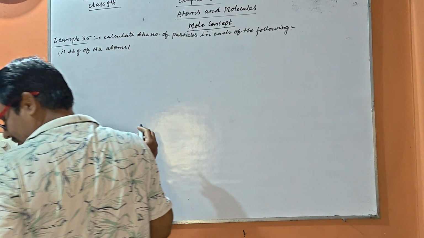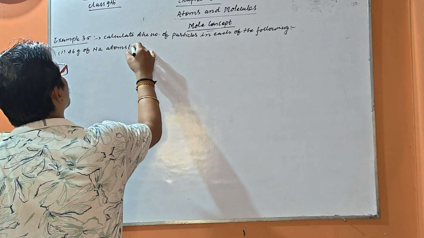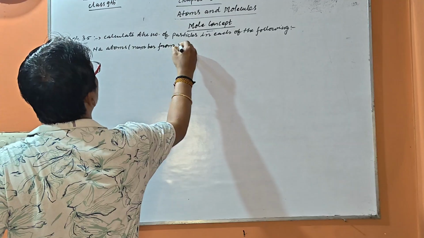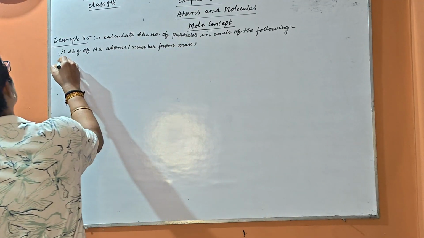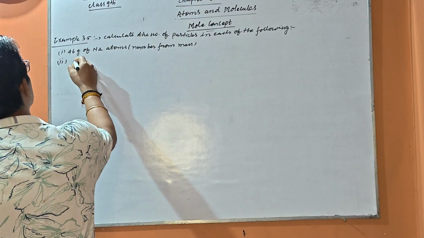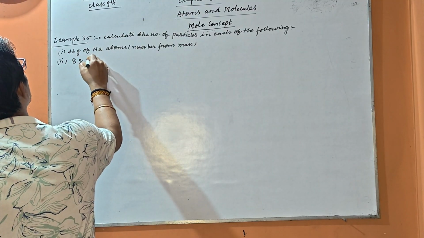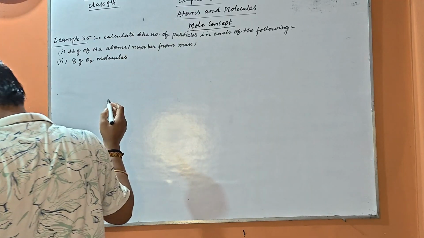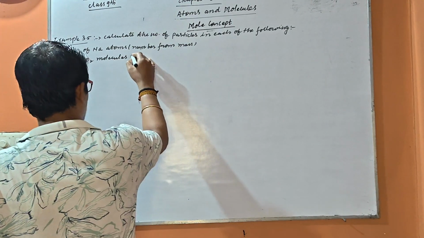The formula is number from mass. Second question, 8 gram O2 molecules. Number of molecules from mass.